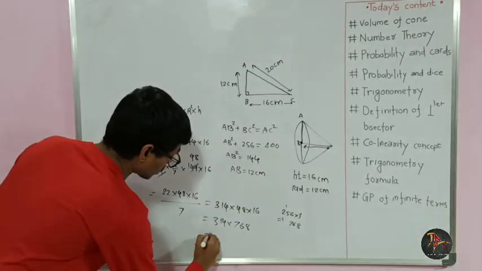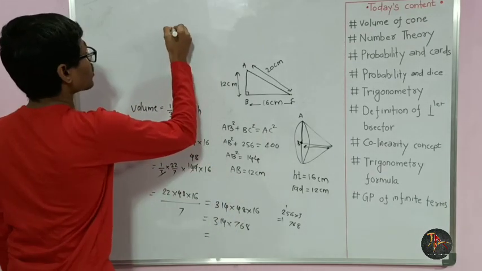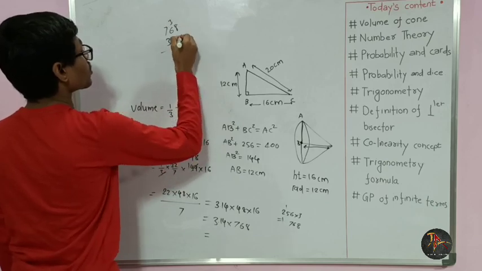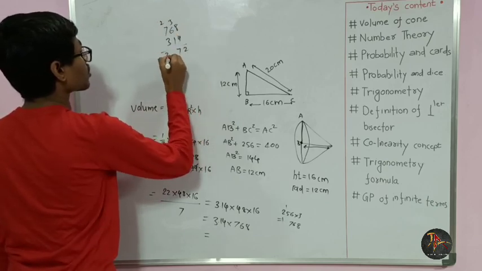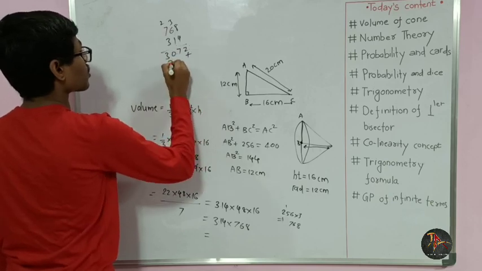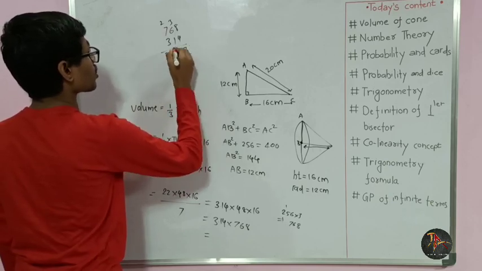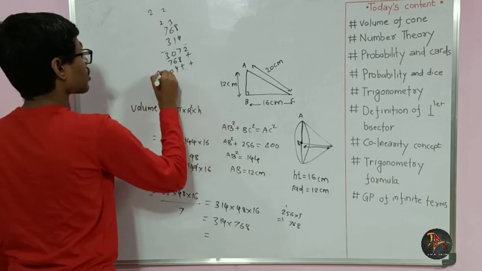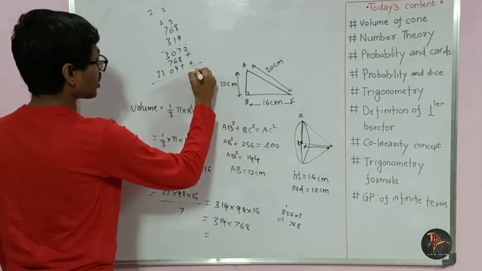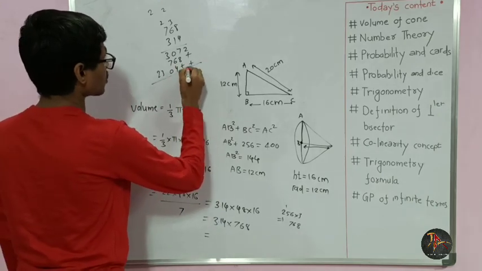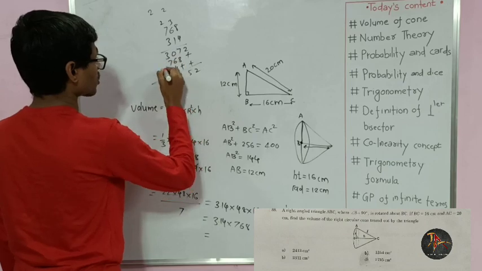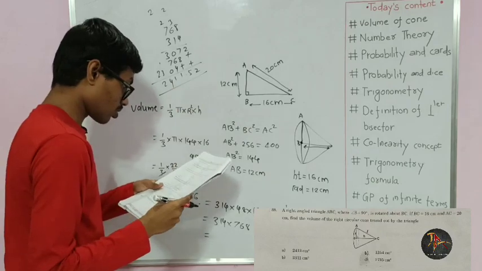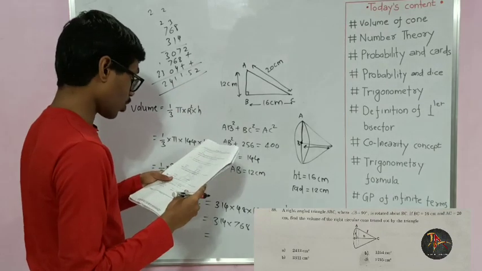Now we have to multiply 3.14 and 768. If we multiply that quantity, we shall get this value, 2411.52.